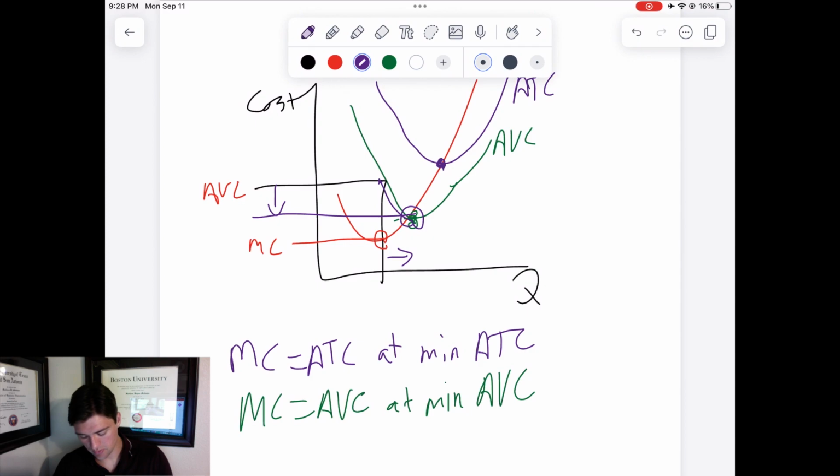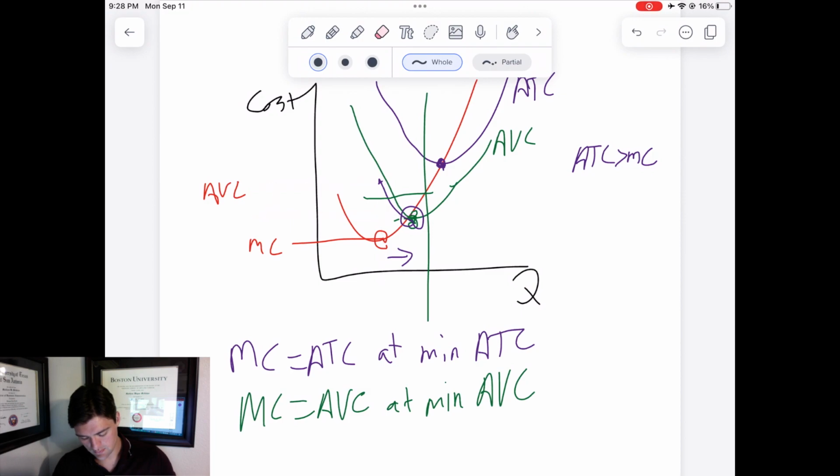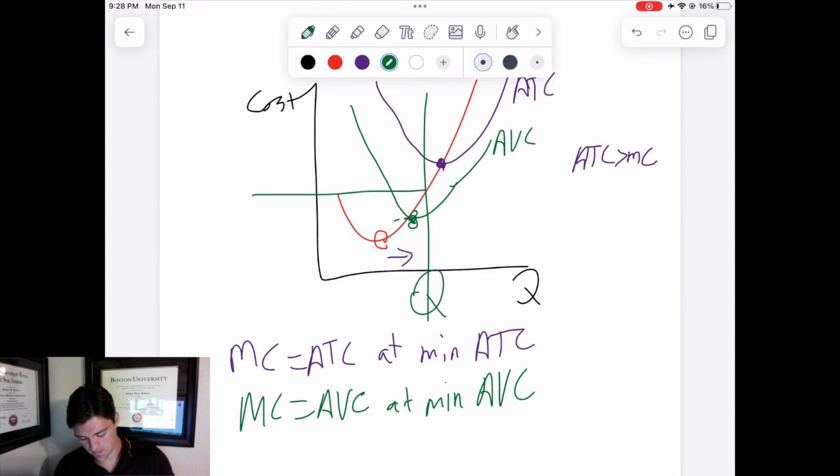If average total cost is greater than marginal cost, so let's say right here, here's the marginal cost. Here, let me erase this. So we have this marginal cost. So at this level of production, this is the marginal cost. All I'm doing is quantity here, and whenever that hits the marginal cost, which is here, that is the marginal cost.